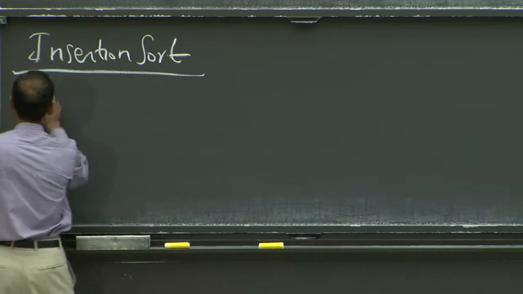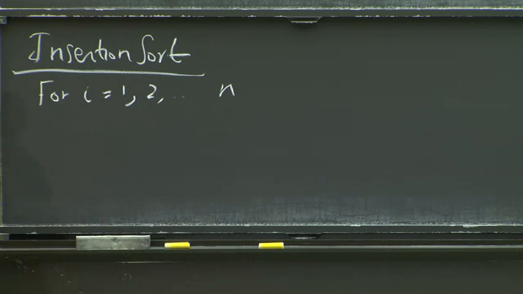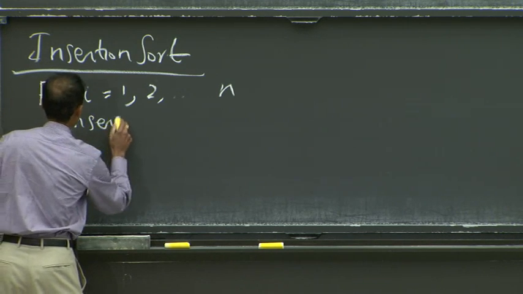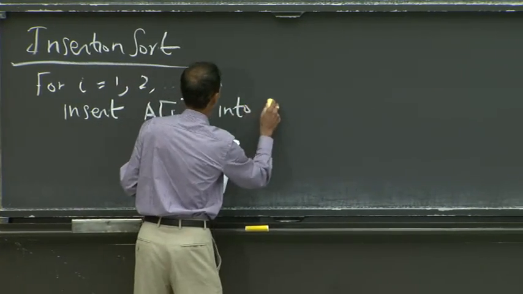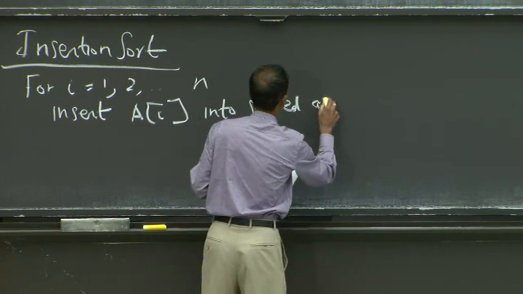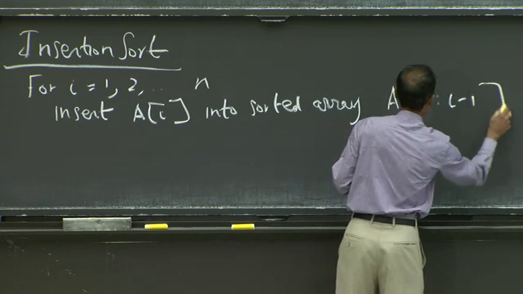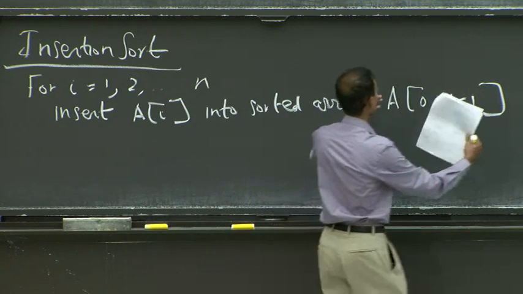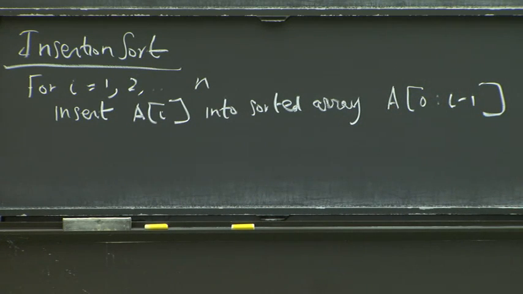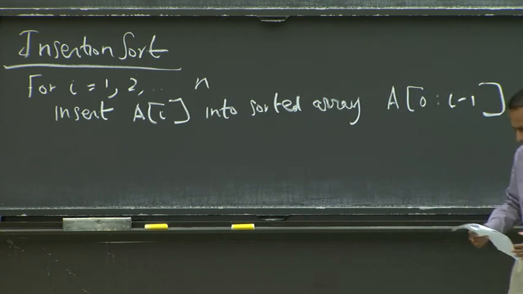So what is insertion sort? For i equals 1, 2 through n, given an input to be sorted, what we're going to do is we're going to insert a of i in the right position, and we're going to assume that we are sort of midway through the sorting process where we have sorted a0 through i minus 1, and we're going to expand this array to have i plus 1 elements, and a of i is going to get inserted into the correct position.